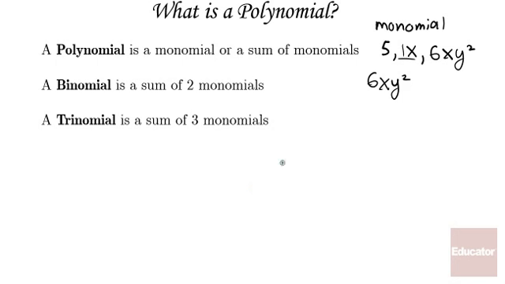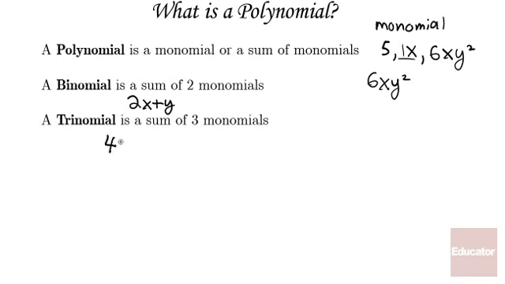I can also add these together or combine them by subtraction, and if I sum or combine two monomials, such as 2x plus y, we call that a binomial. A trinomial is the sum of three monomials.